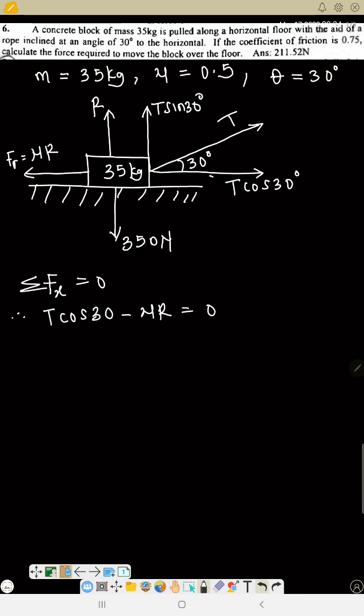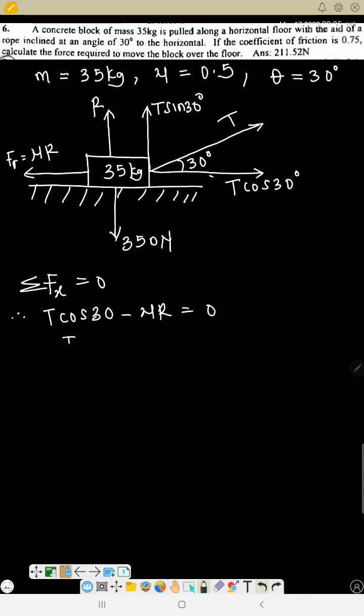This mu R is opposing this T cos 30. Those are the horizontal forces we have here, T cos 30 and Fr. So T cos 30 minus mu R should be equal to 0, since the block does not have acceleration.